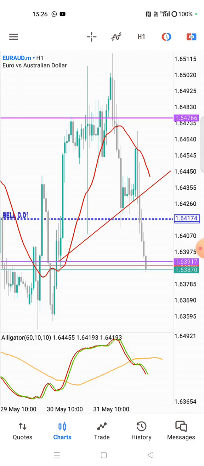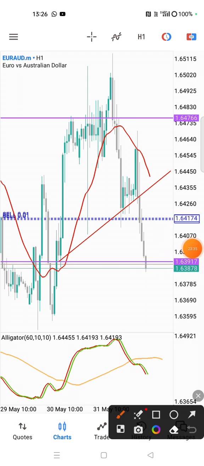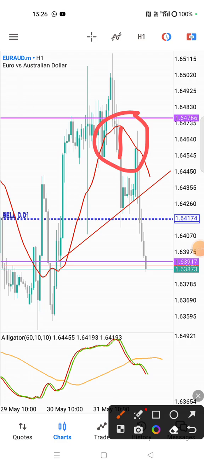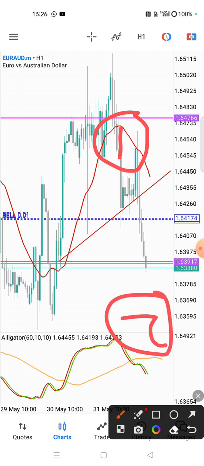Once the candle has crossed the 20 EMA, okay, number one rule, once the candle has crossed the 20 EMA, go down to here. Number two, see whether the alligator red and green line has crossed the orange line.